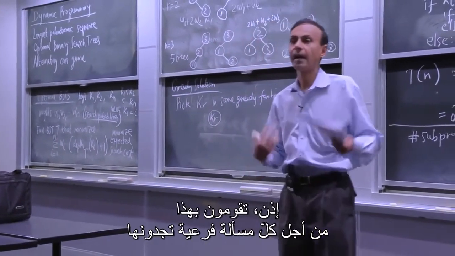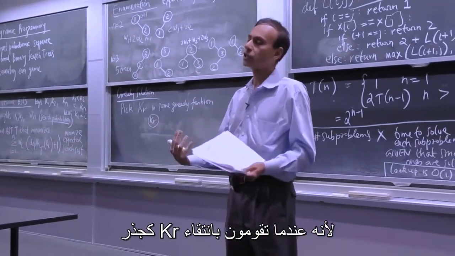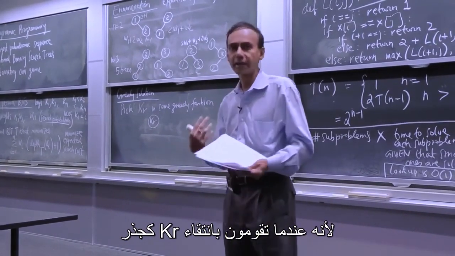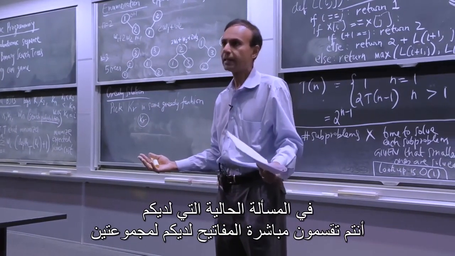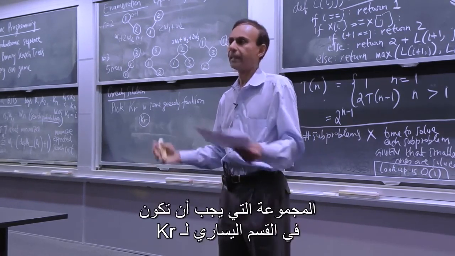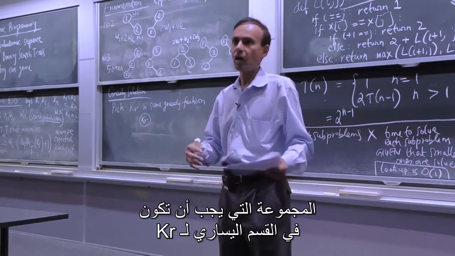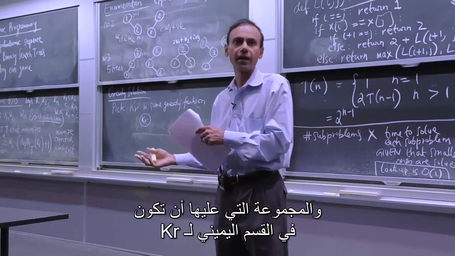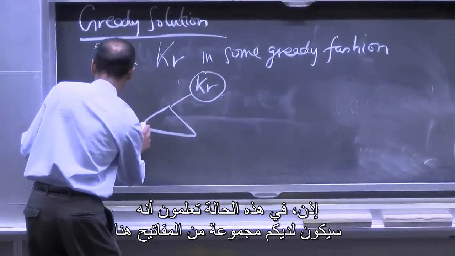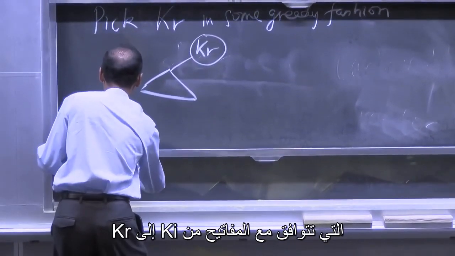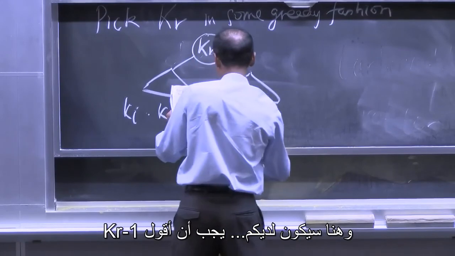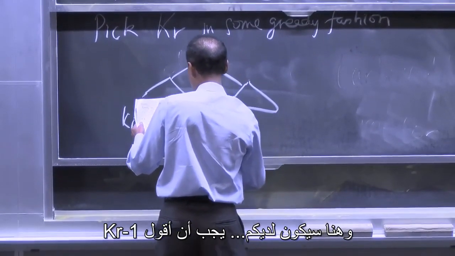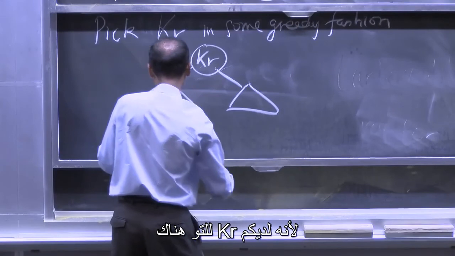So you do that for every subproblem that you find, because when you choose the root KR in the current problem, you immediately split the keys into two sets, right? The sets that have to go on the left-hand side of KR and the sets that have to go on the right-hand side of KR. So in this case, you're going to have a bunch of keys here that correspond to KI to KR minus 1, because you already have KR out there.